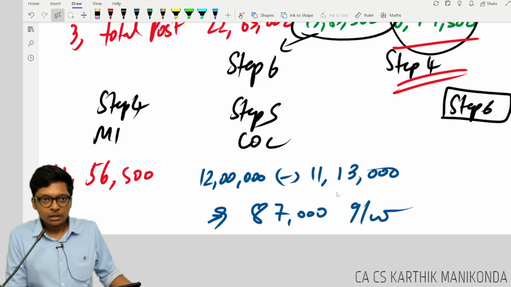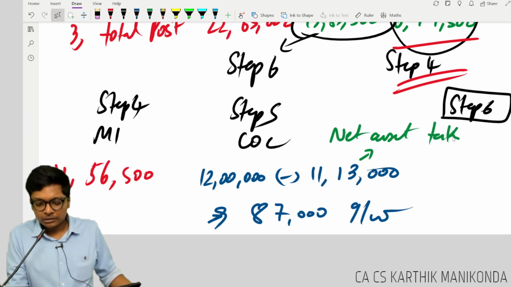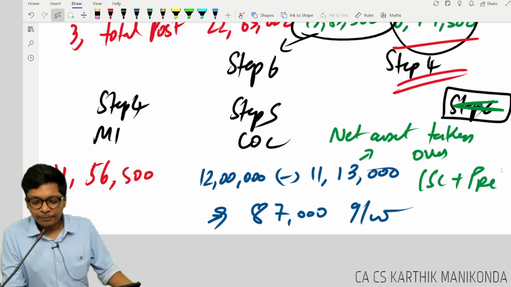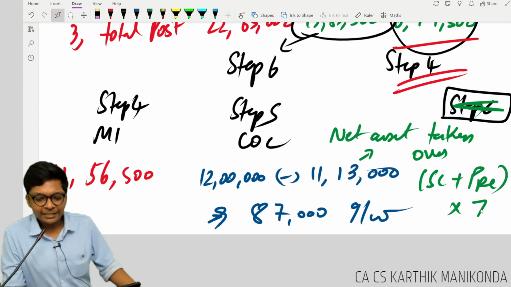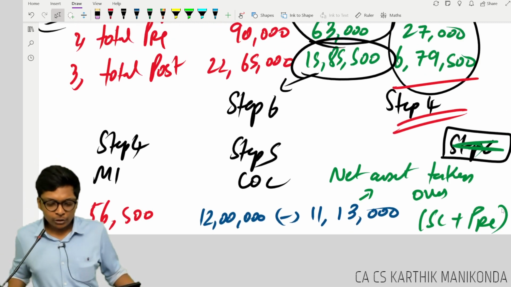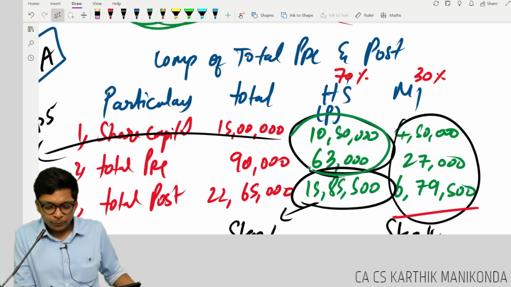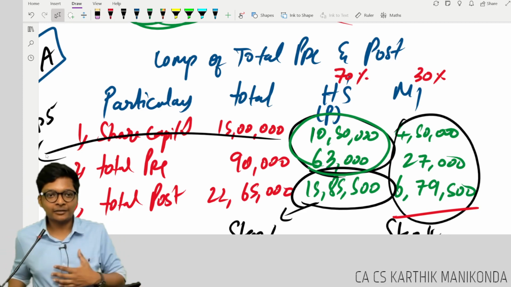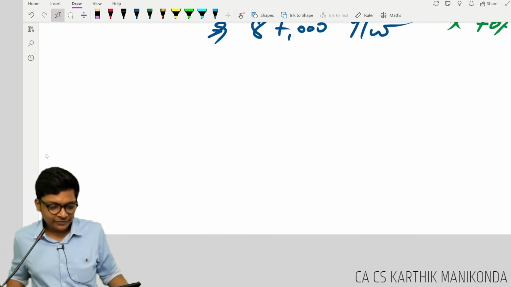How? 11,13,000 represents the value of net assets taken over, which is nothing but share capital plus pre-reserves into my percentage of 70% of that. In the previous step we computed both together. That's why that table 3A. Understood the magic now, Radharam? Yes, okay. Yes, Vignesh.